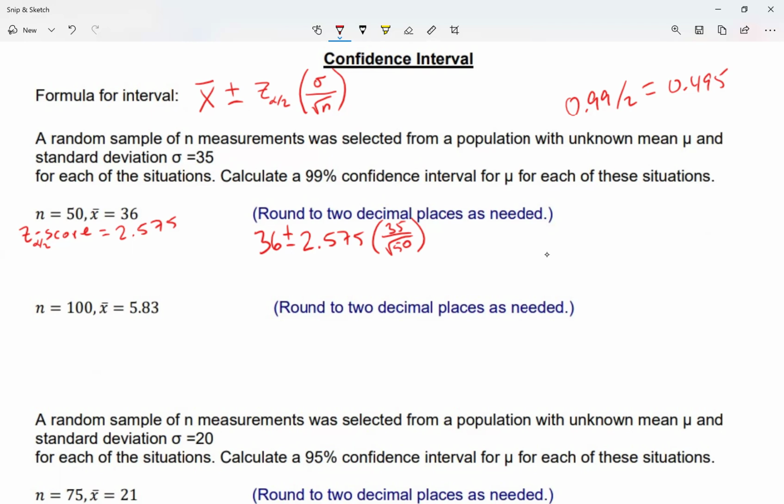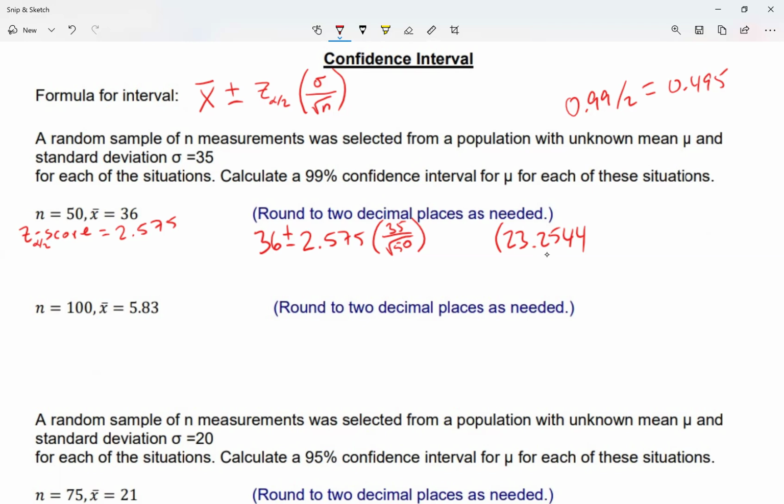I'm going to go, let me do the minus first to get the small value. 36 minus 2.575 times 35 divided by the square root of 50. According to my calculator, I get 23.2544, and there's more numbers.